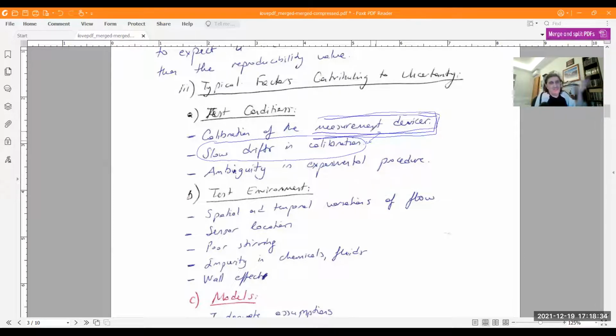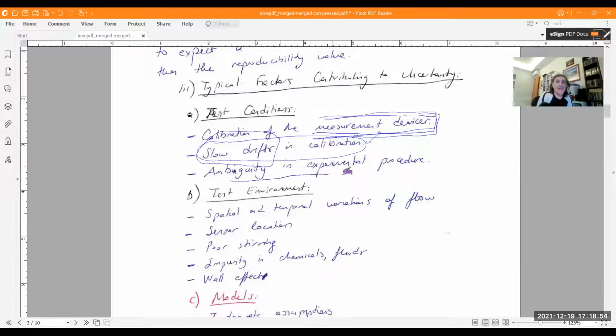This is quite possibly related with the concept of entropy, friction, or similar factors that cause them to lose accuracy. Therefore, they should be recalibrated periodically. And these are called slow drifts, which is a very important problem.